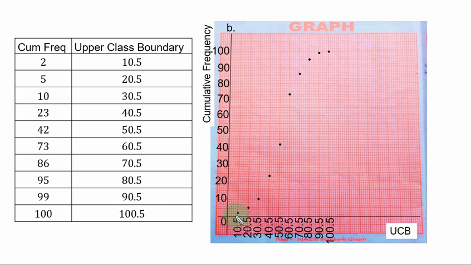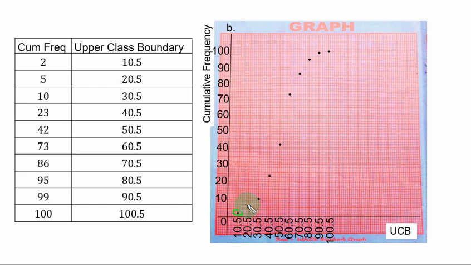From 10.5, you have 12.5, 14.5, 16.5, 18.5, and 20.5. On the vertical axis, one line is simply 1 unit.